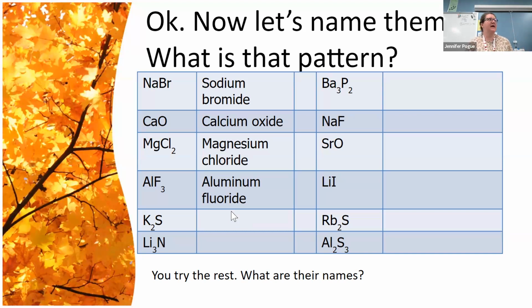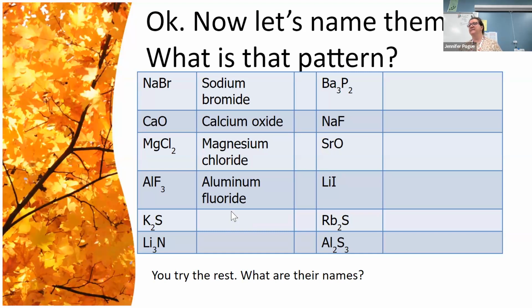What's the name for Li? Lithium. What's the name for N? Nitrogen. So we take off the ending and add IDE. We take off the OGEN and we have nitride.